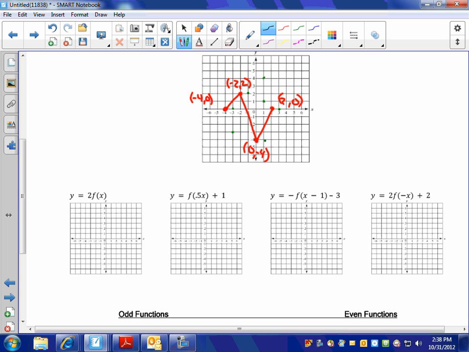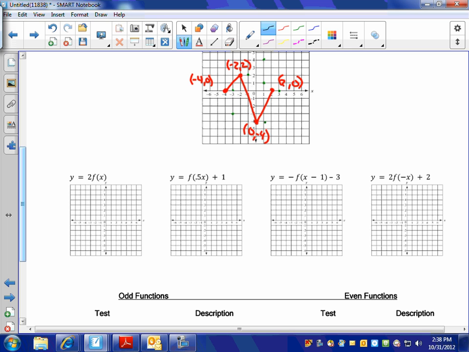As you look at these coordinates, do we need to change -4 at all? No. What we need to do is multiply the y values by 2. So the new coordinates of this shape will, instead of -4, 0, be -4, 0, because 0 just gets multiplied by 2. It's still 0.